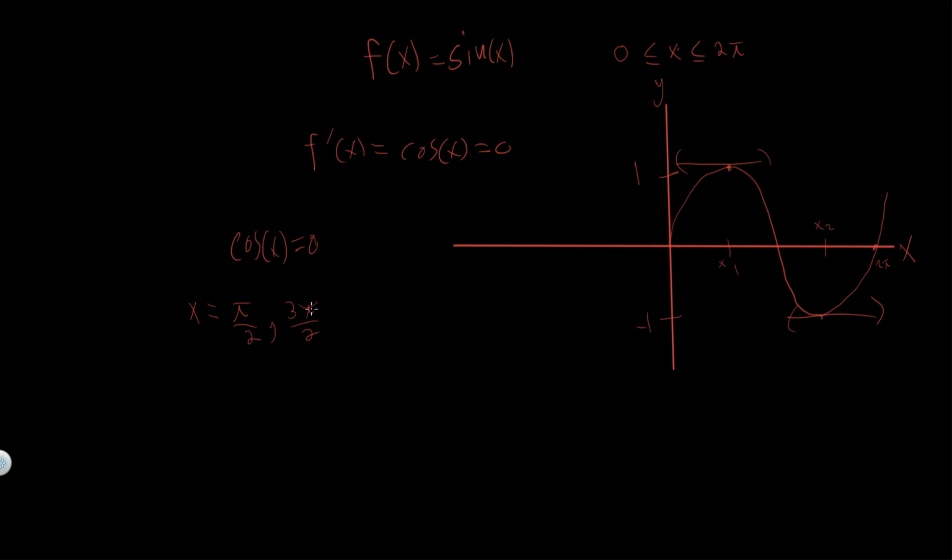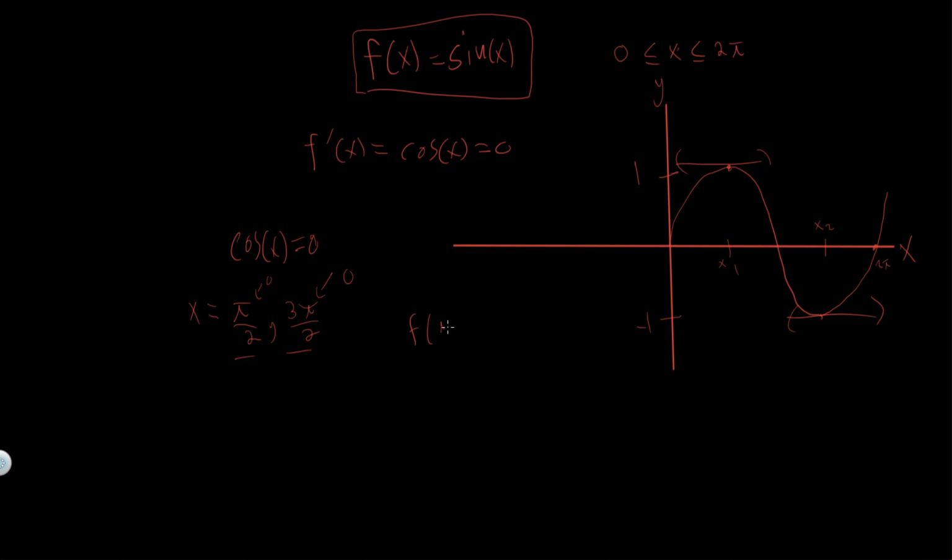At 90 degrees, and also at, let's see, pi is 180, so 90 times 3 is going to be 270. So at 270, cosine of x is 0, and also at 90, cosine of x is 0. So one of these values is the maximum, and one of these values is the minimum of this function. Let's plug it back in to see which one is which.